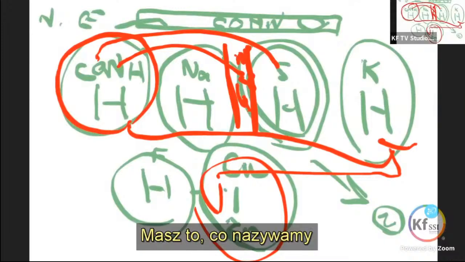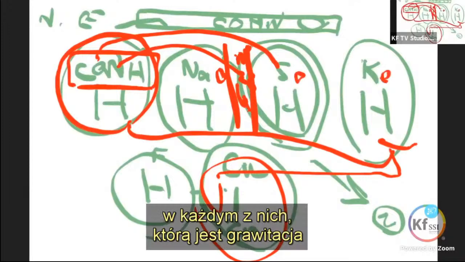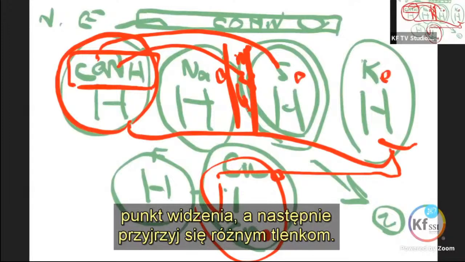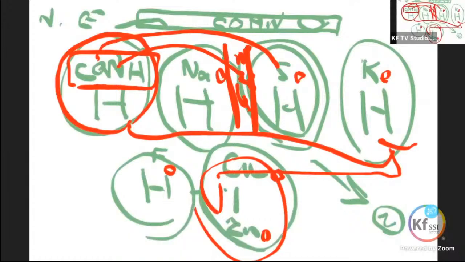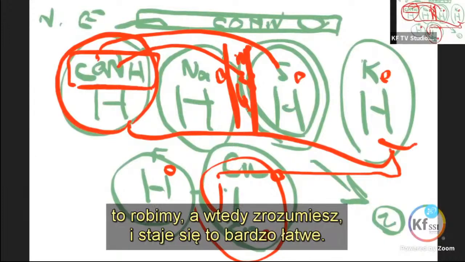On the opposite side we call the carbon and hydrogen. You have the interaction of the oxygen in any of these, which is the gravity point of view. And then you look at the different oxides. Look at the cycle of life in biology in a plasma condition, as we do, then you understand it becomes very easy.